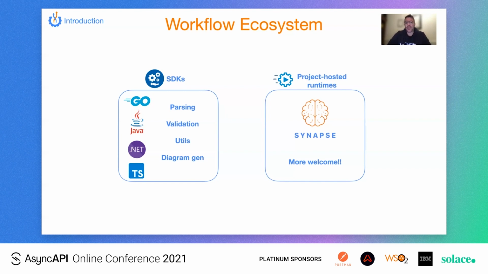In addition to that, we also host some runtimes in our project. We are open to hosting, so if you have a runtime that implements the Serverless Workflow specification and would like to make it part of our project, you can contribute that. We currently have Synapse, which Charles has contributed, a Kubernetes native runtime.